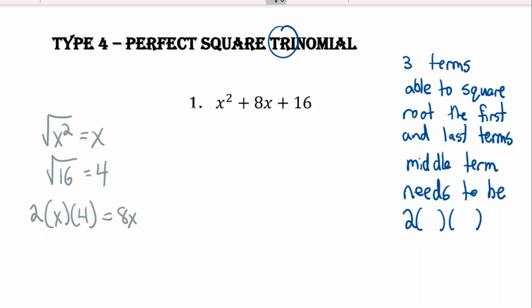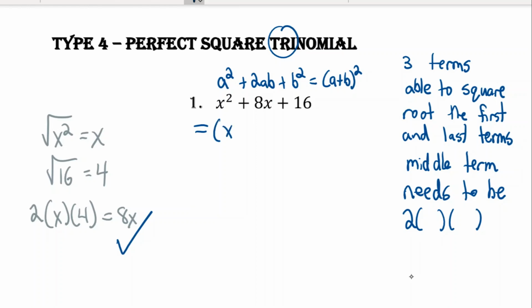So this is the same as this, which means we are good. So this allows me to use the pattern that a squared plus 2ab plus b squared equals a plus b all squared. So I can now write my first thing plus my second result there squared is my factored trinomial.